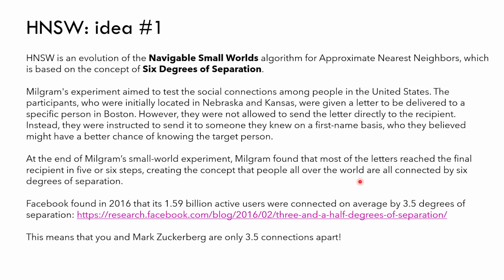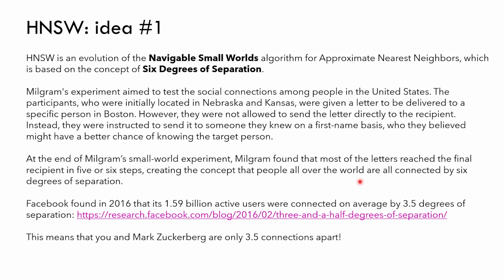The participants, who were initially located in Nebraska and Kansas, were given a letter to deliver to a person that they did not know, and this person was in Boston. However, they were not allowed to send the letter directly to the recipient. Instead, they were instructed to send it to someone who could best know this target person. At the end of the Milgram experiment, they found that the letter reached the final recipient in 5 or 6 steps, creating the concept that people all over the world are connected by 6 degrees of separation.